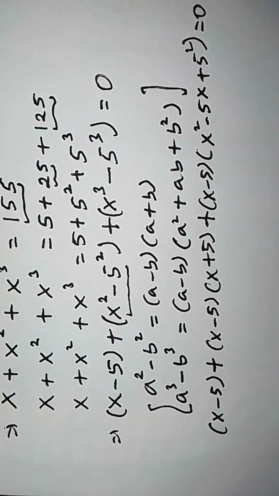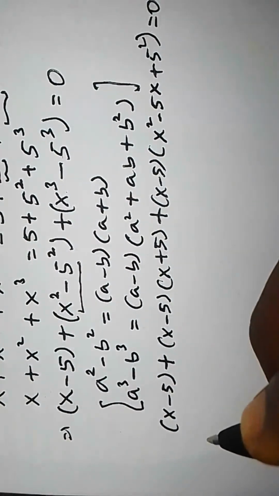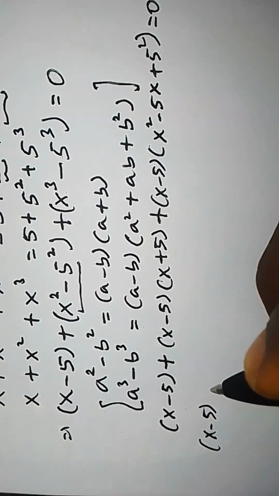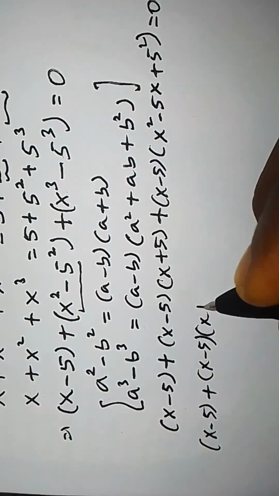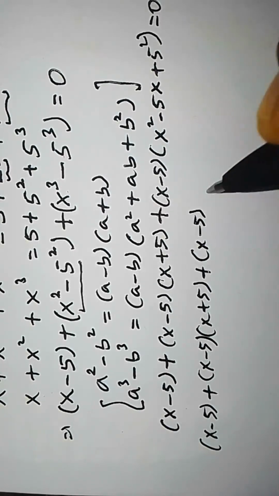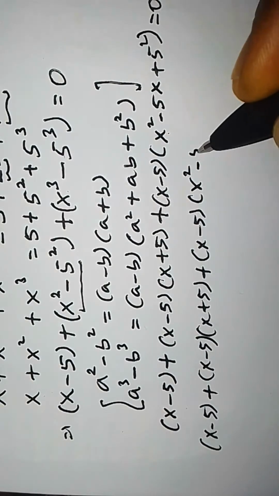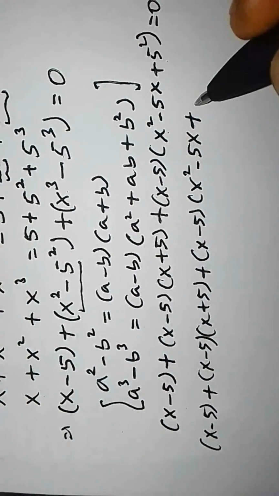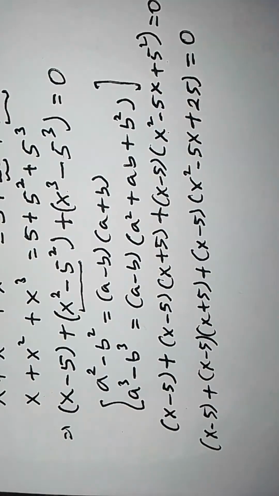Everything equal to 0. Let's proceed further. We have x minus 5 plus x minus 5 times x plus 5 plus x minus 5 times x square minus 5x plus, what is 5 square? 5 times 5, 25, equal to 0.